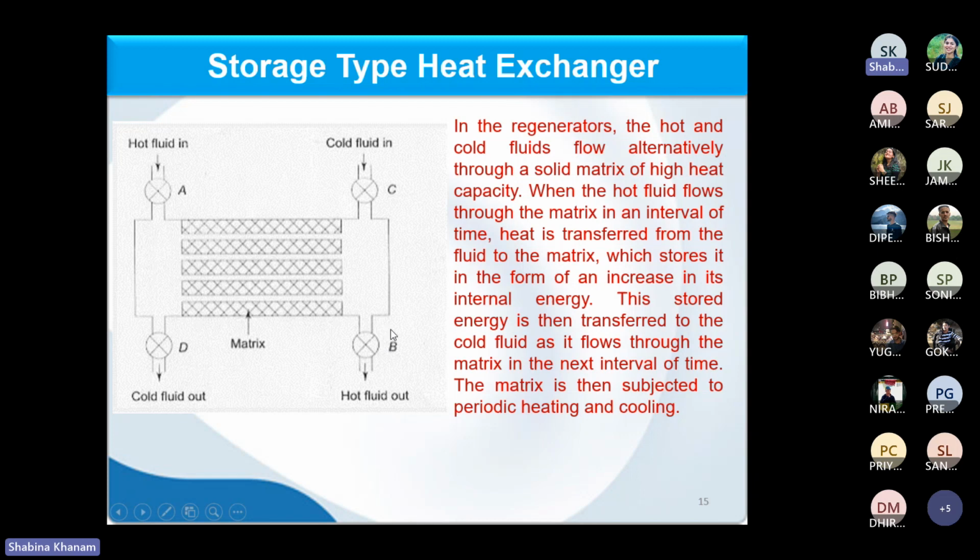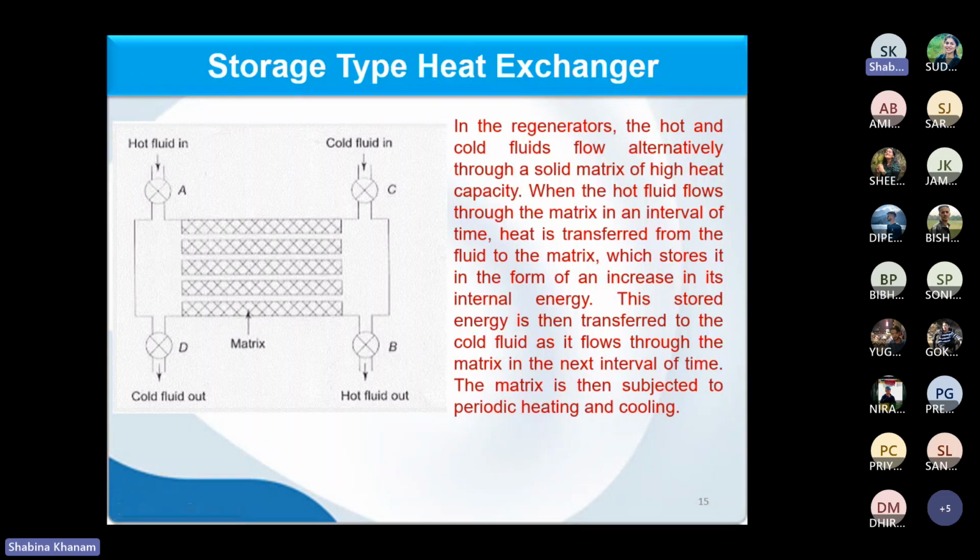Further, this valve will open and this valve will open, where cold fluid will enter, and the heat transfer will occur between the matrix and this cold fluid, and the hotter fluid will exit from here by taking the heat from the matrix.